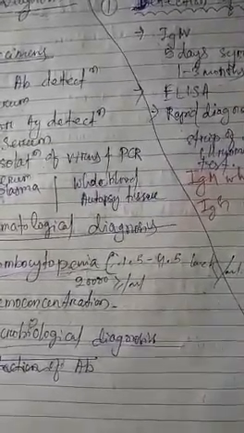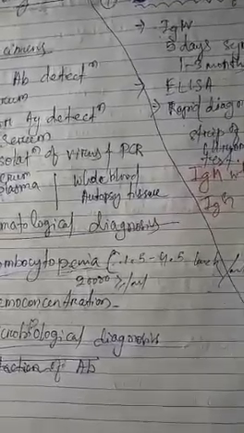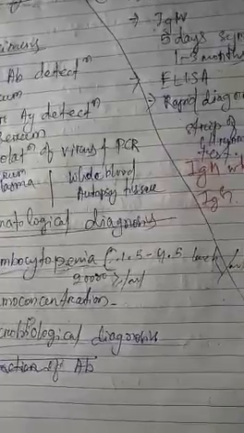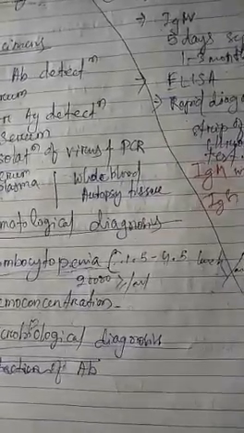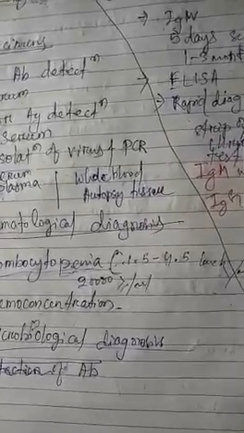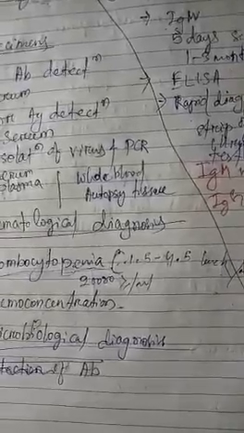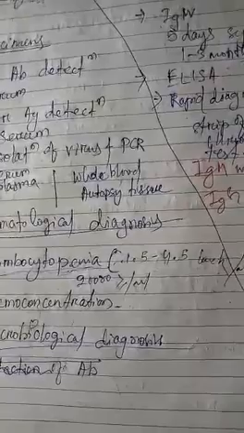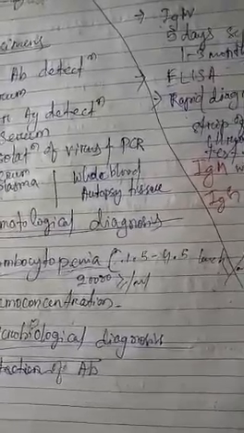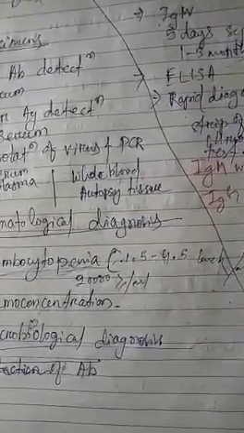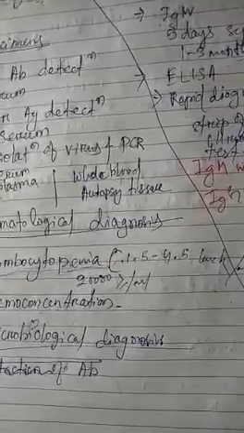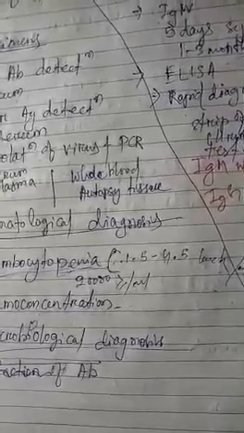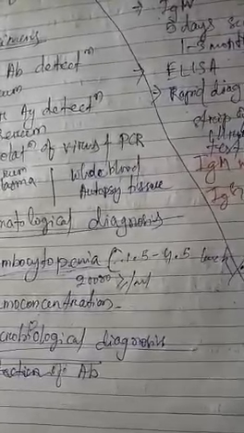The normal count for platelets is 1.5 to 4.5 lakh cells per microliter of blood, but in case of dengue it is less than 20,000 per microliter. So using this technique, you could identify the number of platelets found in blood.